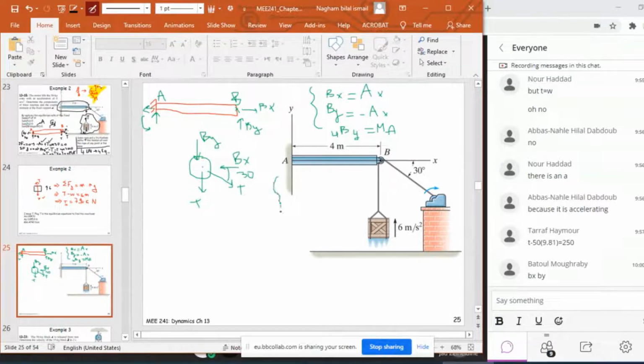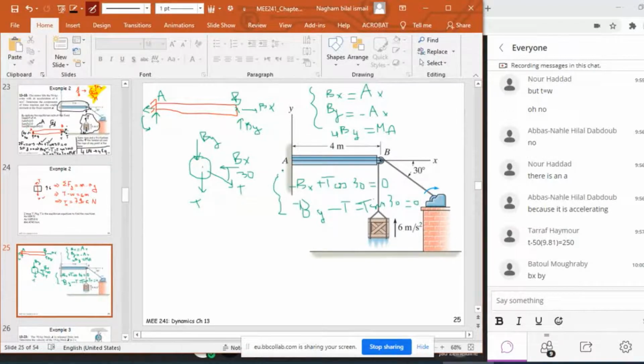So if you also apply the equilibrium equations, you're gonna have that minus Bx plus T cosine 30 is equal to 0, and then you're gonna have that minus By minus T sine 30 is equal to 0.